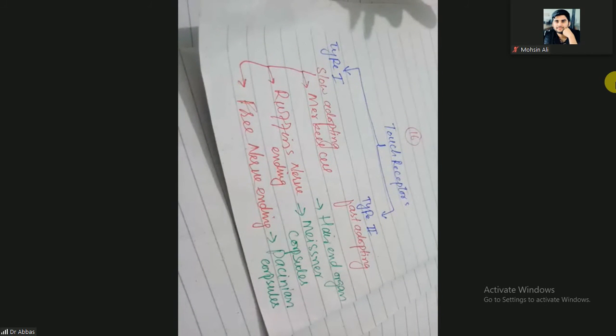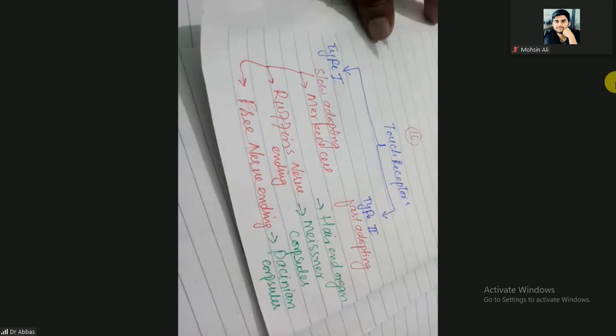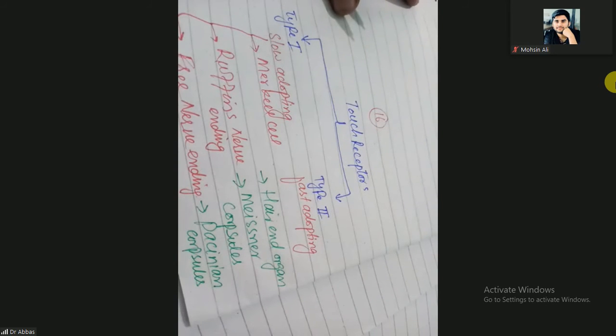Again repeating, for students who joined me now: there are two types of touch receptors, type 1 and type 2, slow adopting and fast adopting. Merkel cells, Ruffini nerve endings, free nerve endings, hair end organs, Meissner corpuscles, and Pacinian corpuscles.